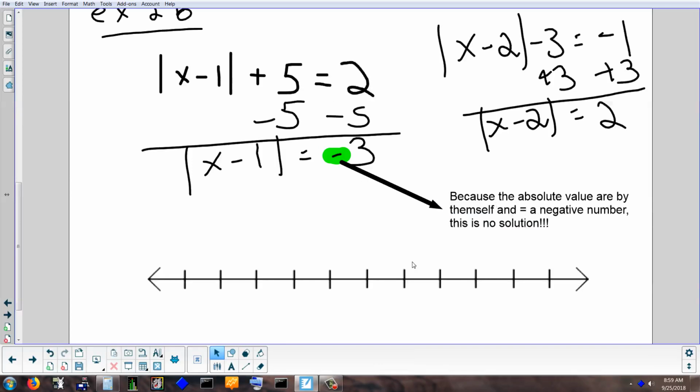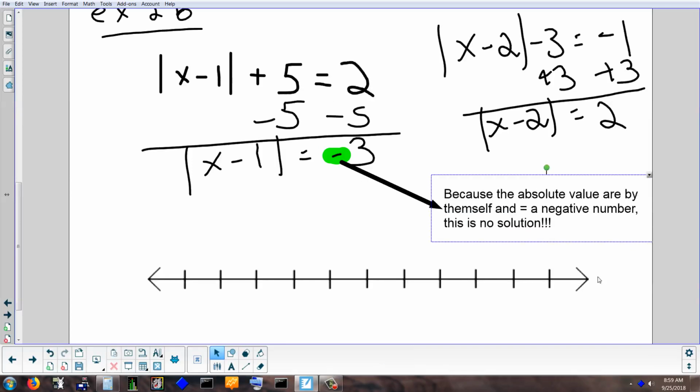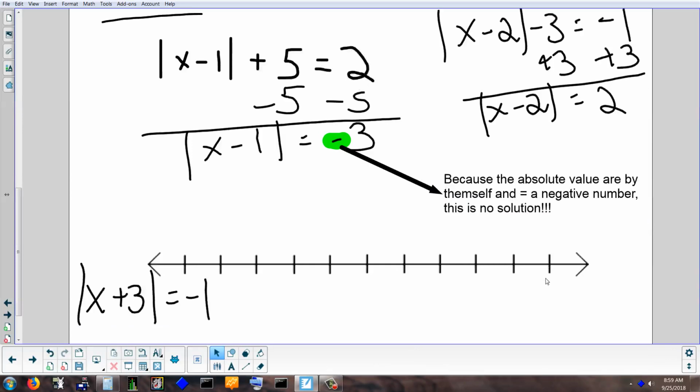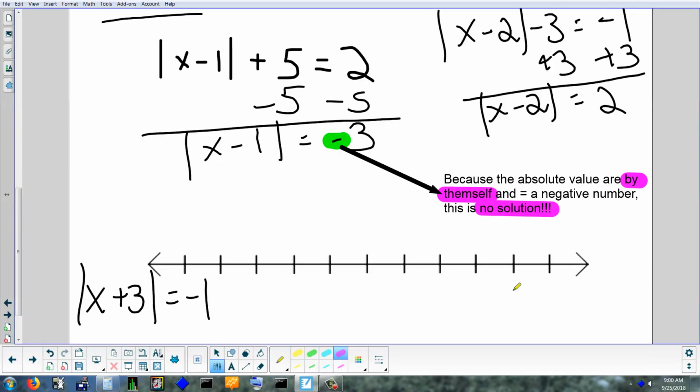So don't just think, because if it was like this, what's my answer? Negative. What's my answer, Aaron? No solution. If it's by itself and it equals a negative, the absolute value bars are by themselves, there's nothing outside of them, to the left or to the right, on that side of the equal sign. They're by themselves, it equals a negative, no solution.